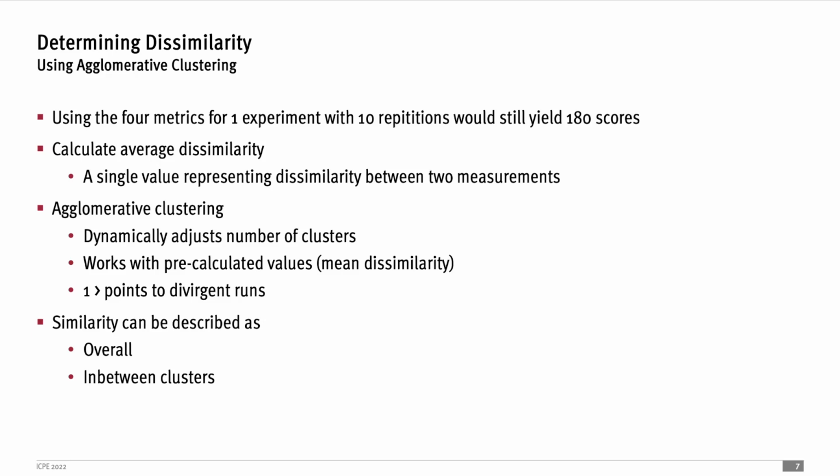And we can describe the similarity or dissimilarity in the measurement as the overall similarity or dissimilarity for all 10 runs, or do it between the clusters as just said, which improves the data quality here, because we can calculate the cluster gain. So if we look at the overall similarity and the in-between cluster similarity, we can see how much better the results are compared to just the overall similarity.